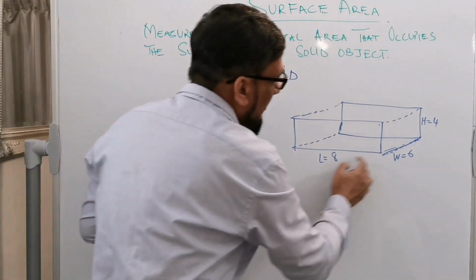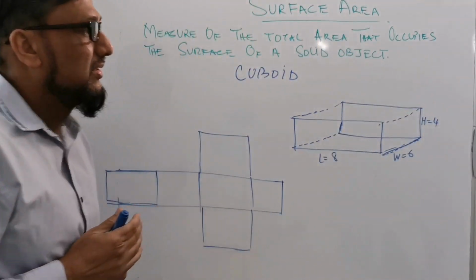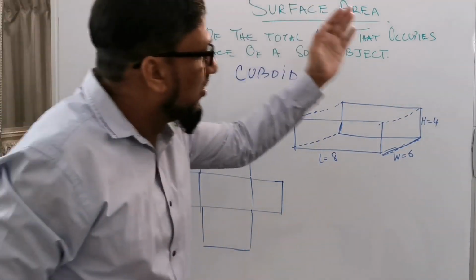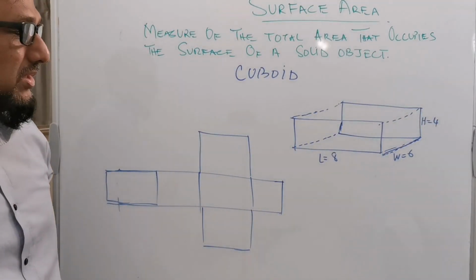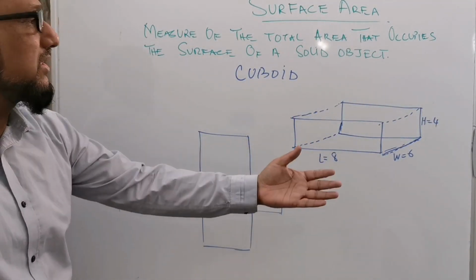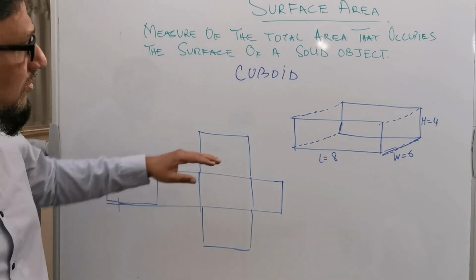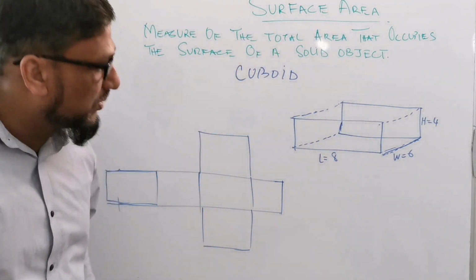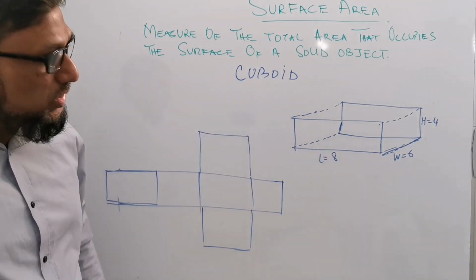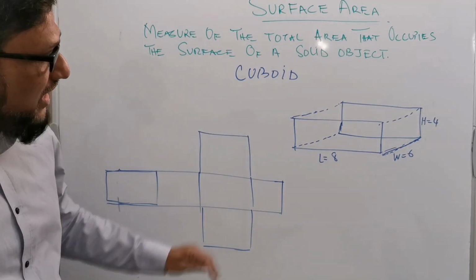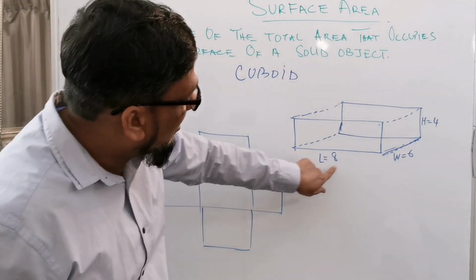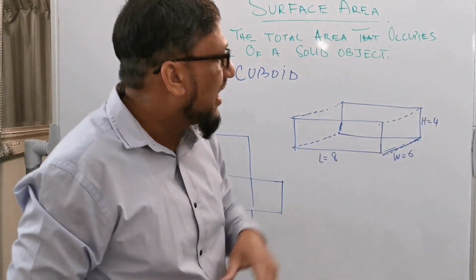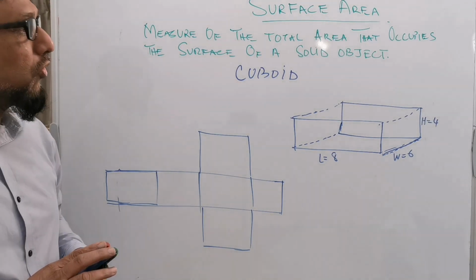So length, width, and height, as compared to the cube, where all dimensions are the same, so there is no problem. But here, you know that a rectangle has 2 different sides. That's why the length is 8 here, the width is 6, and the height is 4.